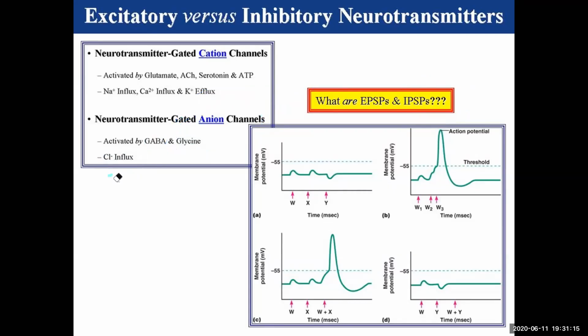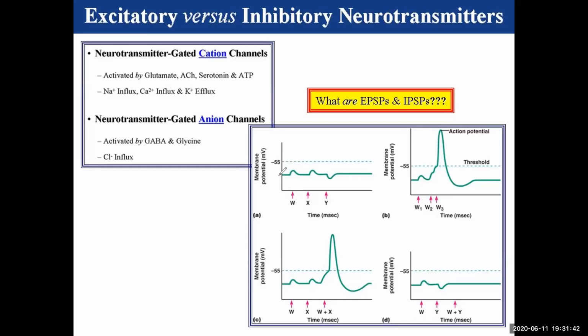So graphically, how do we express that? So here what you have are the different signals over time, W, X, and Y. The W here is an EPSP signal because it goes toward minus 55, that's the threshold. That's the potential required for the axon hillock to fire an action potential.